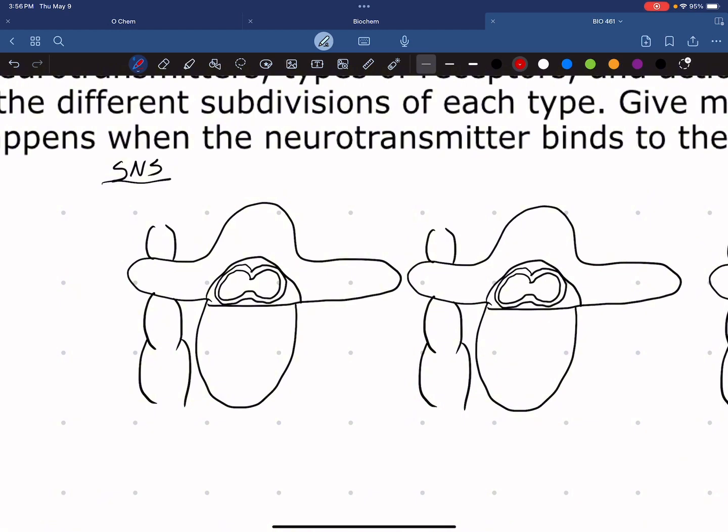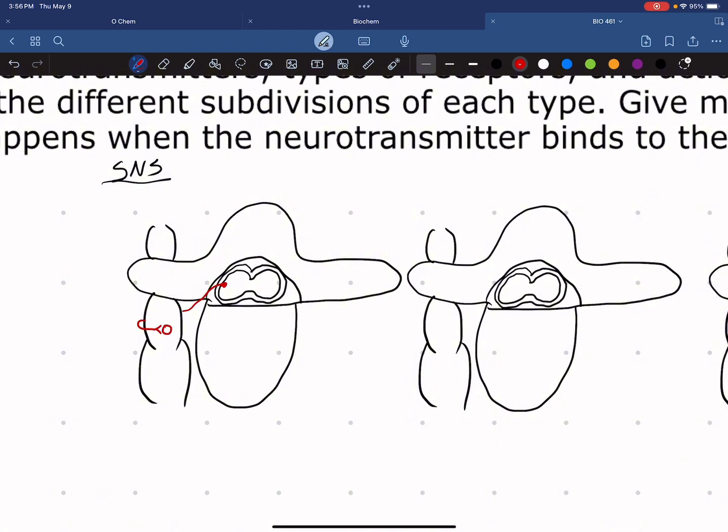So to start off, this neuron will start here in the lateral horn and come down to the sympathetic chain ganglia and will synapse here.